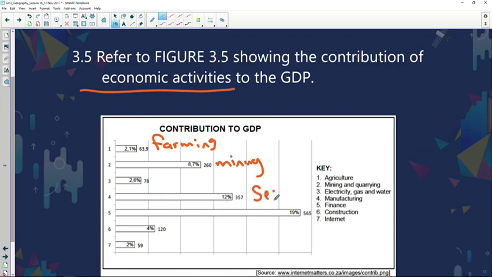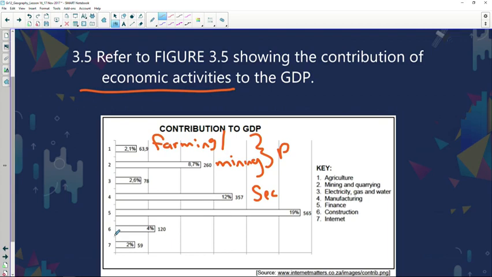I'm just going to write secondary activities over here. These two are primary activities. 5 is finance, definitely a tertiary activity. 6 is construction, and 7 is internet. So this bar graph shows us the percentage that each adds to the GDP.